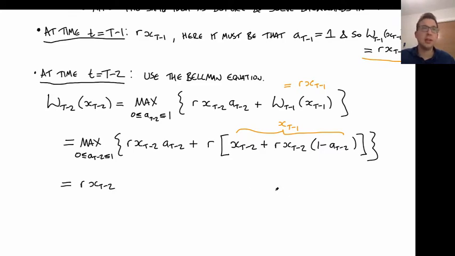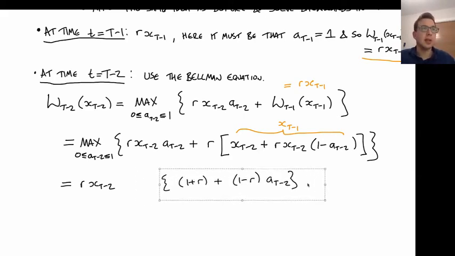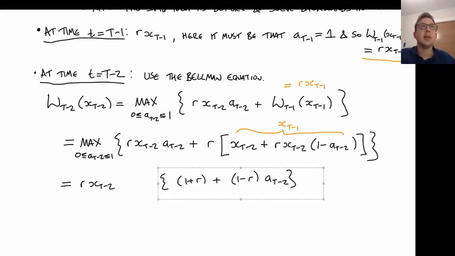So I'll just collect terms together as appropriate. I can notice that there's a 1 plus r plus 1 minus r a of t minus 2. Let me just move that over a little bit. I'm going to maximize that over the actions that I can take at time t minus 2.